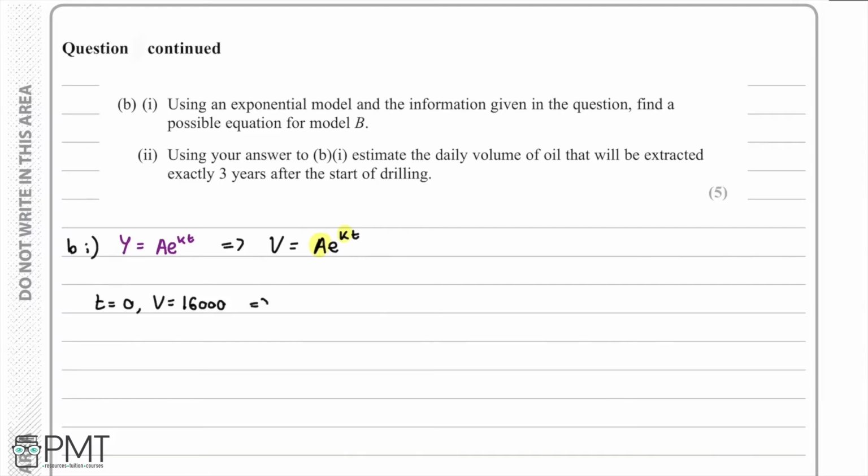So then we can substitute these values into our equation here, and we'll have that 16,000 is equal to ae to the power of k times 0. And we know that e to the power of 0 is going to equal 1. So that means we have that 16,000 is going to be equal to a.